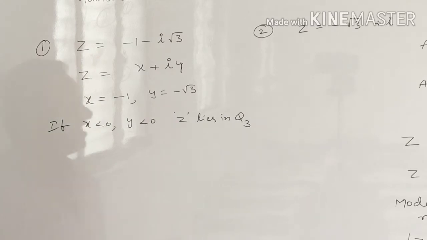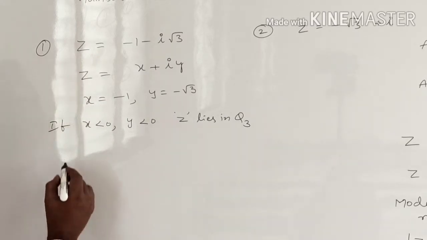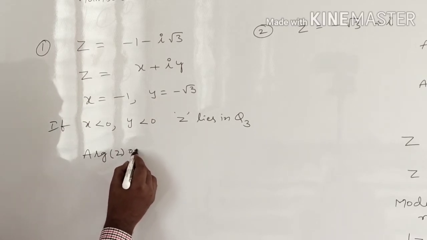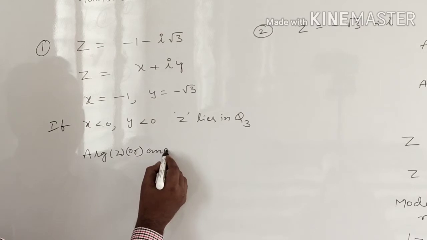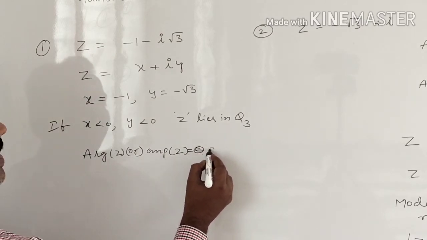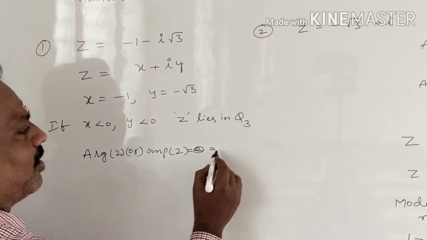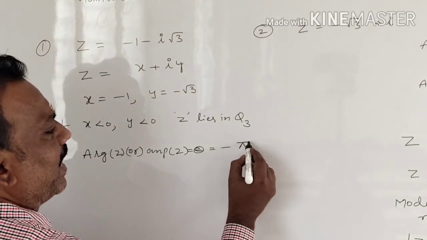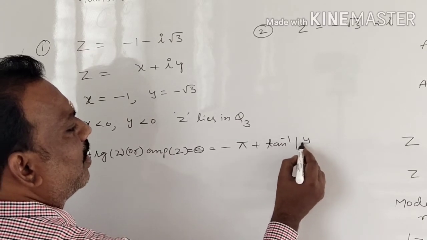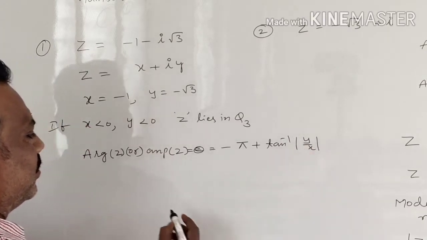If it is quadrant 3, what is the argument or amplitude formula? Argument of z or amplitude of z, that is taken as theta. Theta is equal to third quadrant formula: minus pi plus tan inverse mod of y by x.